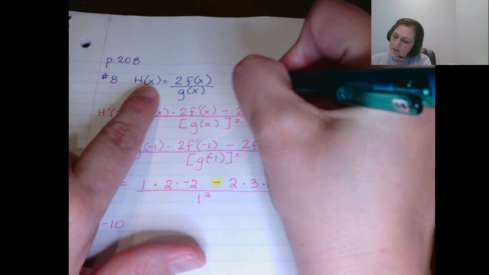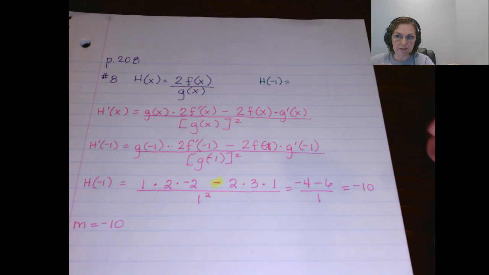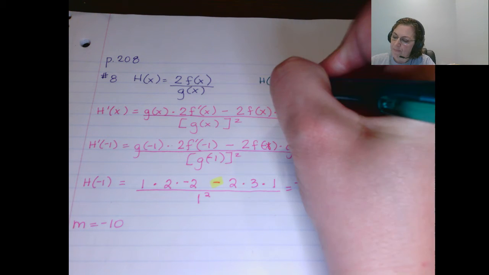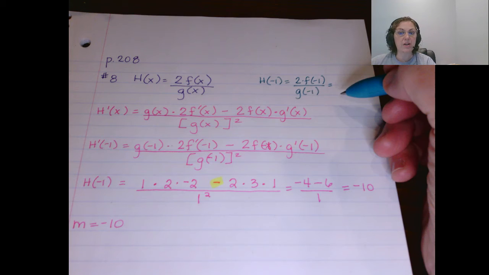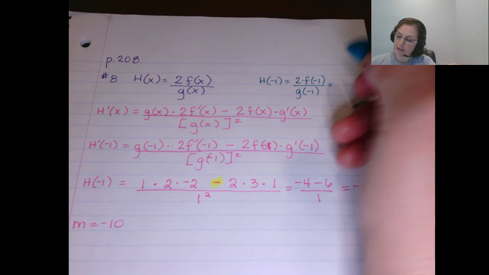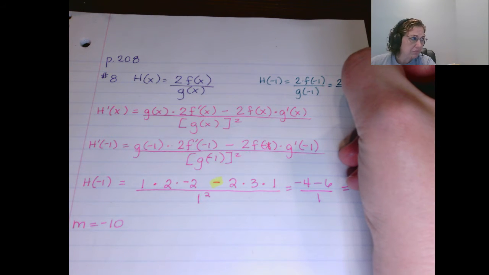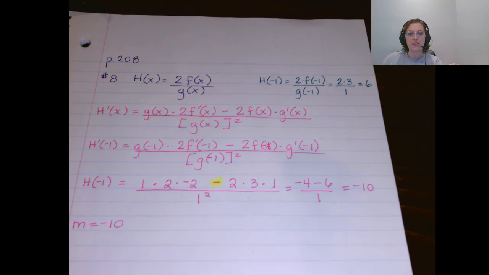So now I know that h of -1, right, no derivative, just the function itself, is 2 times f of -1 over g of -1. So f of -1 from our chart again is 3. So I've got 2 times 3 on the top. And g of -1 is 1. That means my y value is 6.